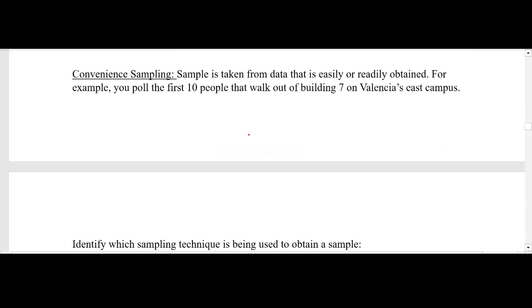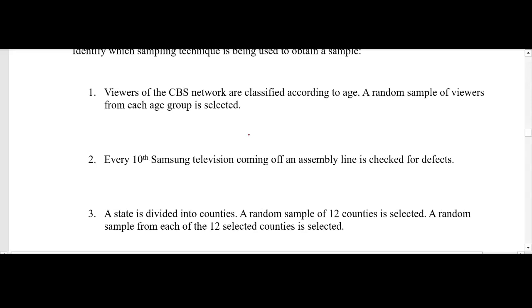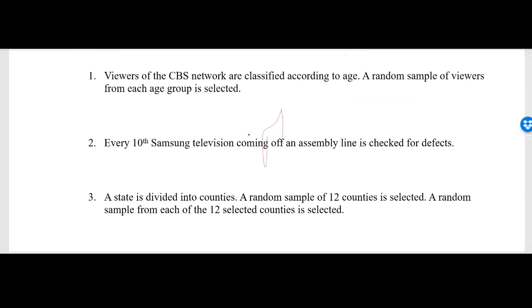All right, now, given all of those types of sampling, let's identify which sampling technique is being used with the given scenario. All right, viewers of the CBS network are classified according to age.